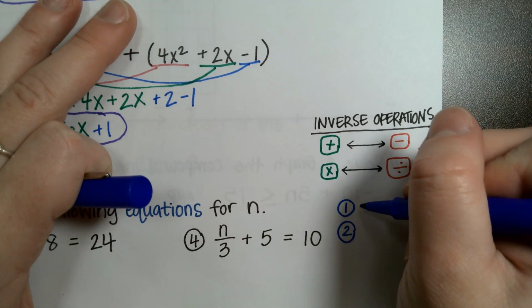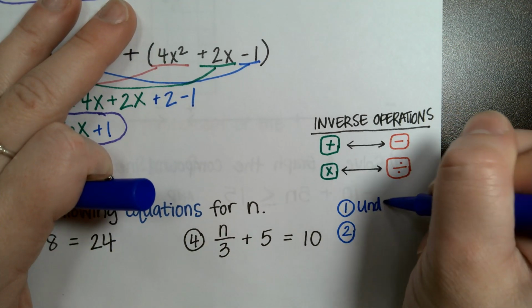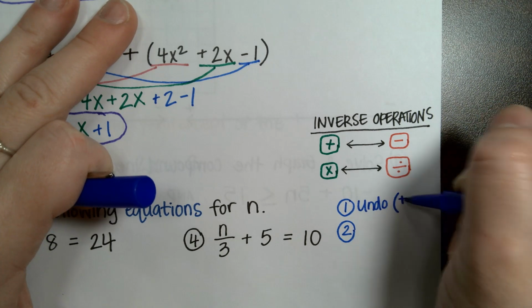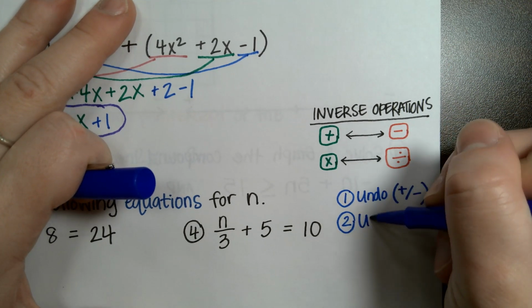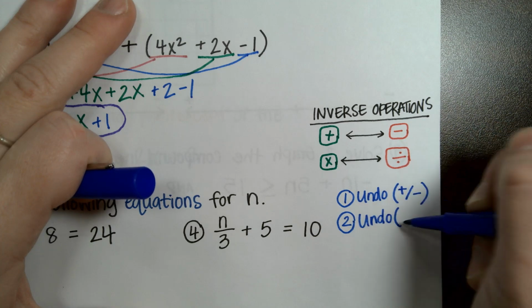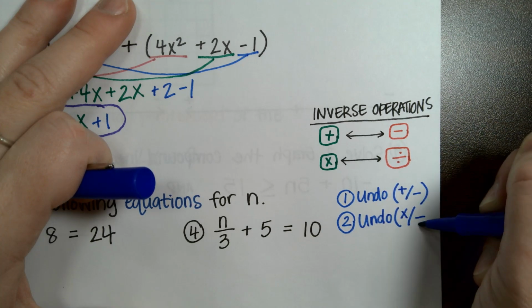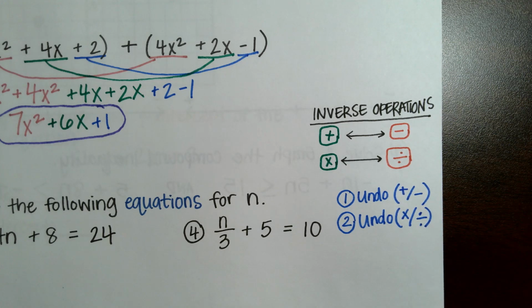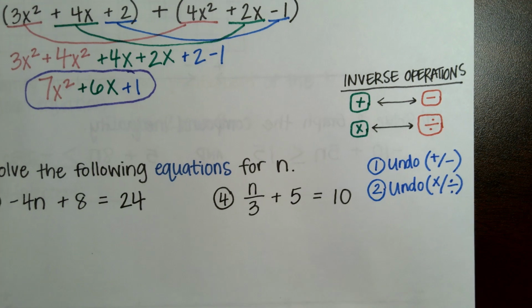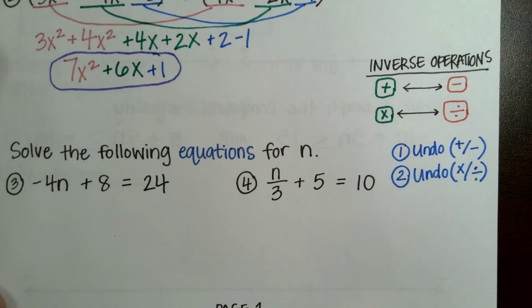We undo addition and subtraction first. Then we undo our multiplication and our division. Unless we have those exception problems, like if we have distribution or a fraction. Okay, so now that we've got those steps written out, let's look at number 3.